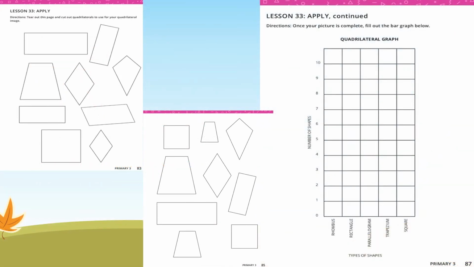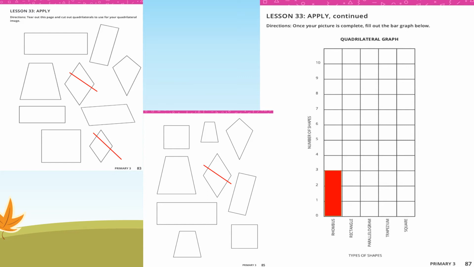Here we have two pages filled with shapes. And on page 87 we have a graph that shows the number of shapes: rhombus, rectangle, parallelogram, trapezium, and square. Let's start with rhombus.